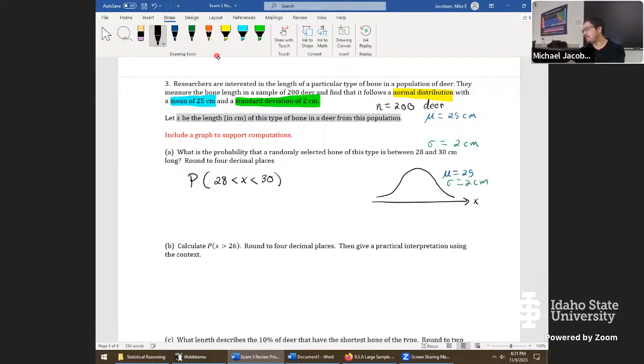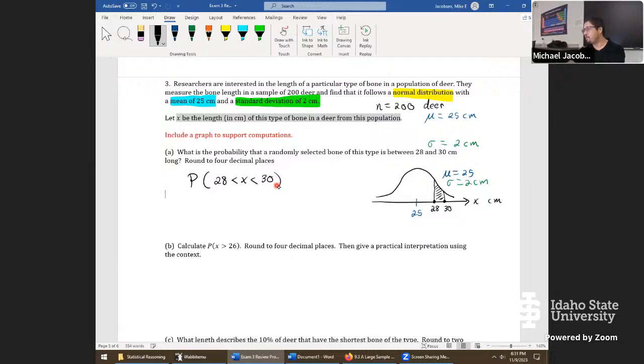On our axis, we have X, and this is going to be in centimeters for that bone length. Next, we can put 25 here, and here's the organizing information. We're going from 28 to 30 on the graph. Let's see, 28, probably around here. And 30 is less accurate, but that's okay. We'll just use this to organize information.